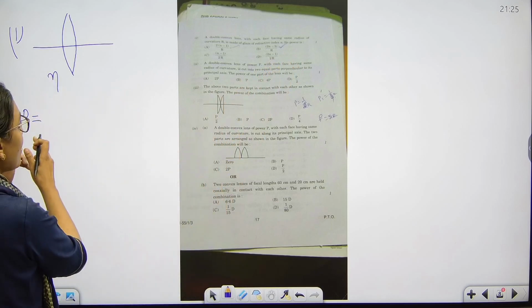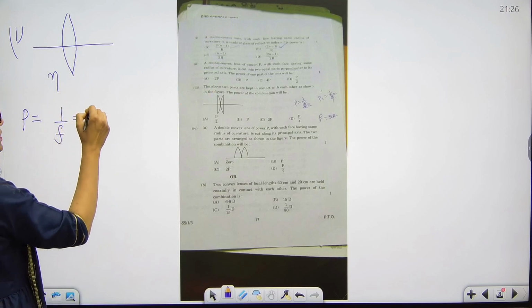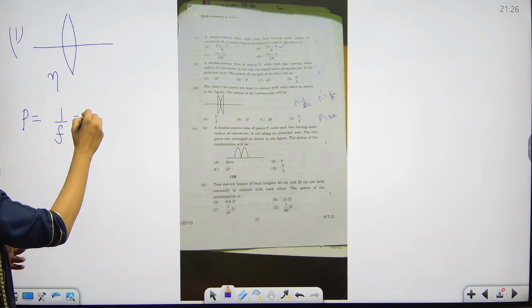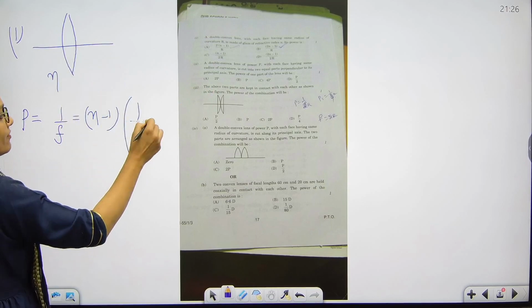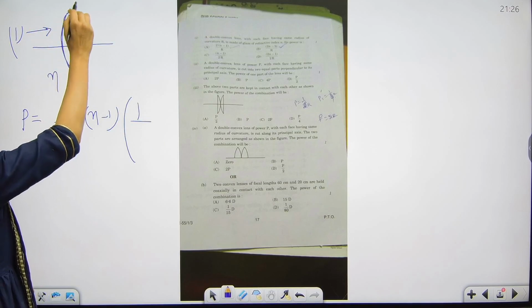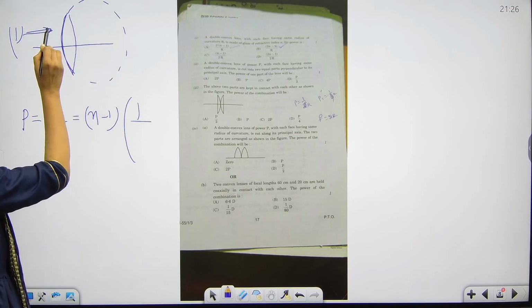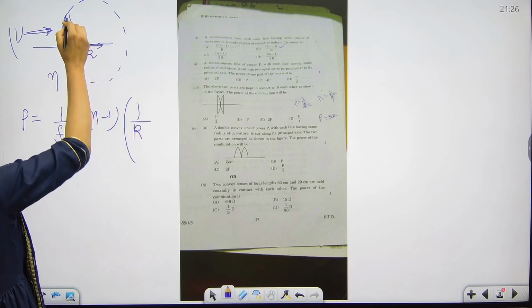We know that power, R values are given. We can apply the Lensmaker's formula, which is equal to refractive index minus 1, and both the parts have the same R value. When you approach from here, this is the first face, so its R value will be in the same direction. You will calculate R positive.